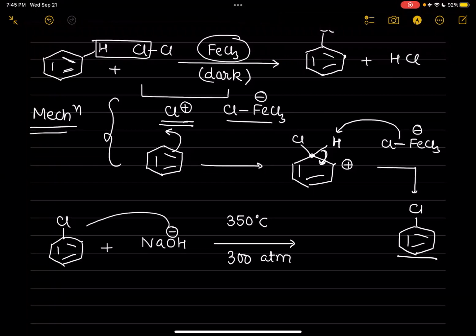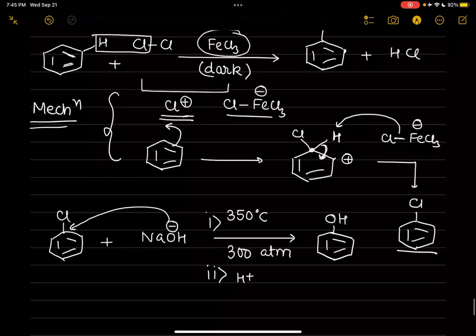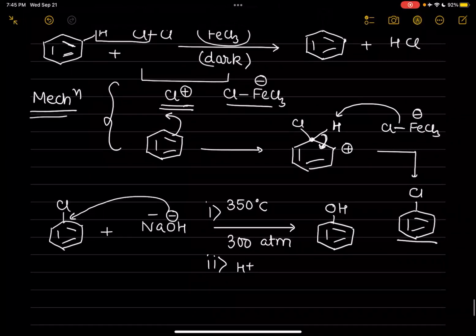You require very high temperature, so this OH is going to come in and remove the Cl. OH is going to be in the form of O minus because it is a basic medium. So you need some acid also to make it OH, or sometimes it is not written.